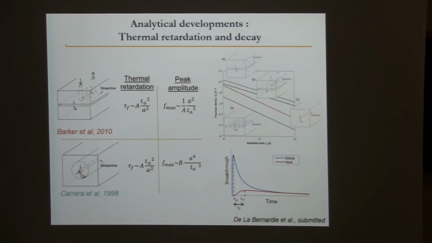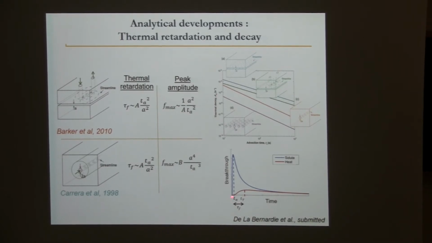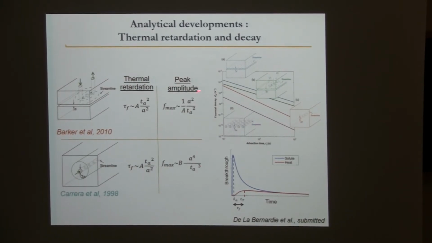Considering some geometry, we look at how, depending on the aperture and the time of advection, the peak amplitude and the thermal retardation could be defined. And what we found that is interesting is that the scaling of the peak amplitude is not the same for this geometry or this geometry with each channel.